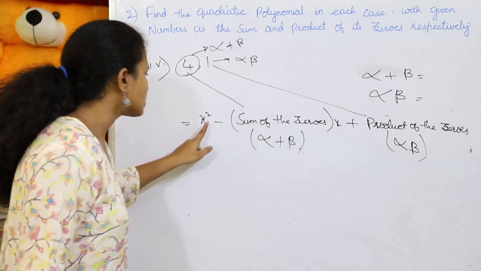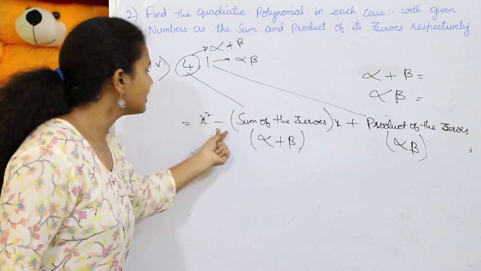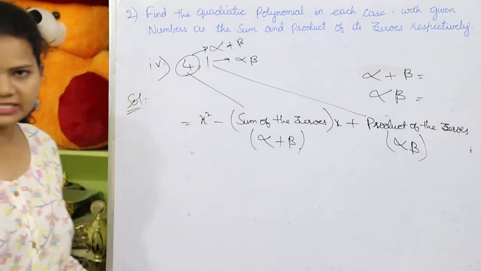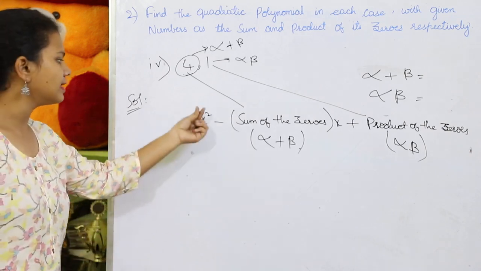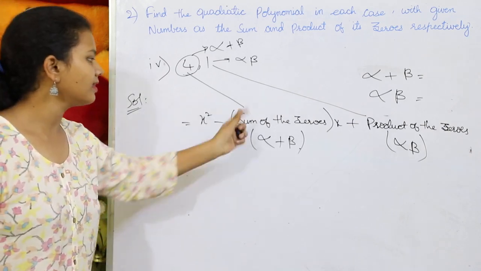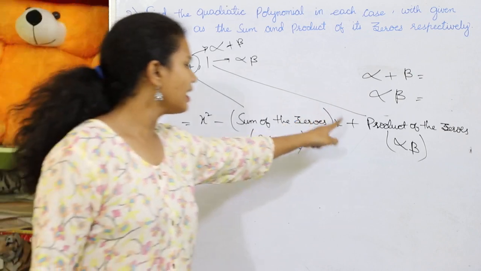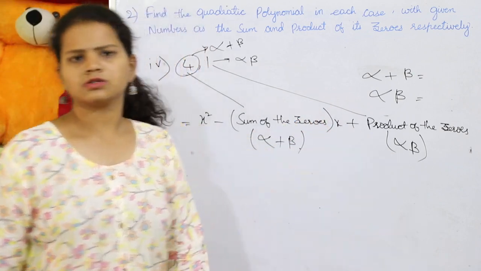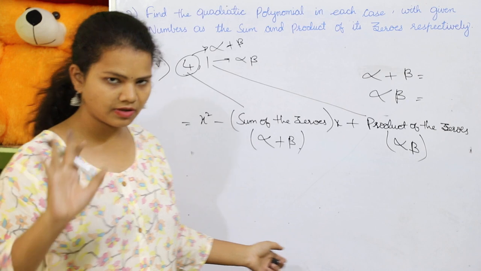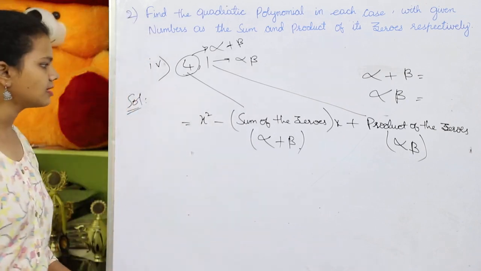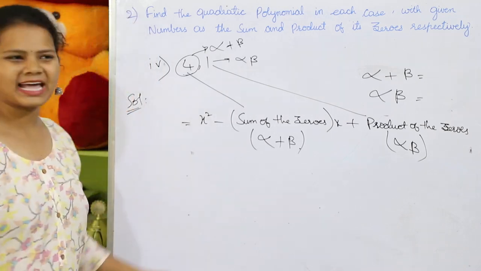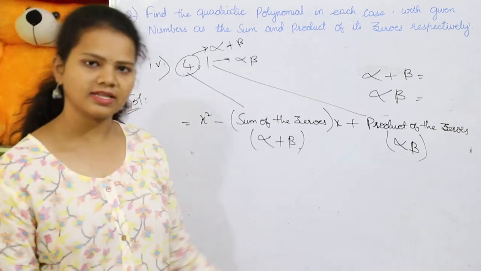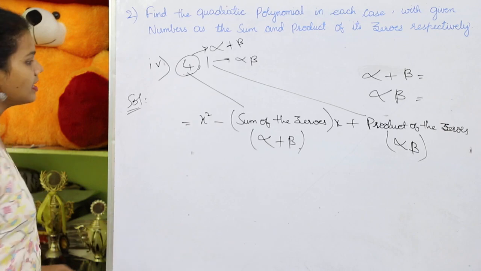So the formula is x square, then immediately remember there should be a minus sign, then the sum of the zeros, and again plus as it is, the product of the zeros. So x square minus sum of the zeros into x plus product of the zeros. If you remember x square plus bx plus c, then easily you will get it. Clear?